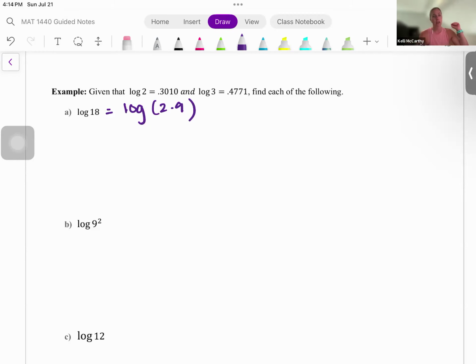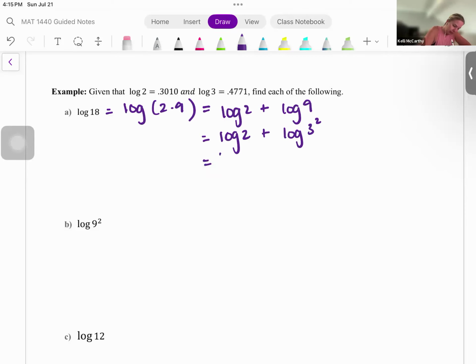So this is log of 18 is the same as log of 2 times 9, which is equal to log of 2 plus log of 9. The log of 2 I have a substitution for, but log of 9 I don't. But 9 is 3 squared. And using the power rule, I can bring the 2 out front as a coefficient.